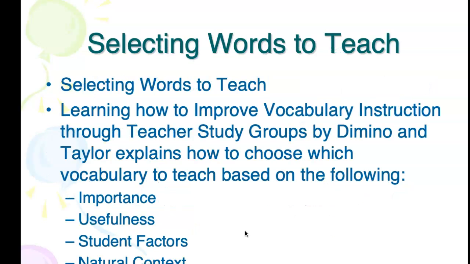Now, selecting words to teach. Learning how to improve vocabulary instruction through teacher study groups by Dimino and Taylor explains how to choose which vocabulary to teach based on the following: its importance, its usefulness, student factors, and natural context.